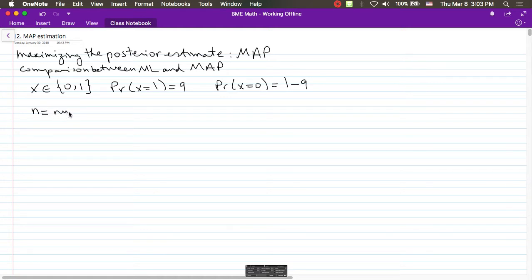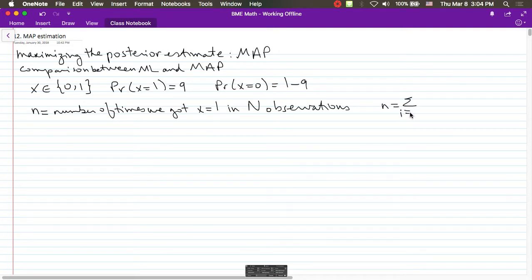So n is the number of times we got x equal to 1 in capital N observations that we made, then n is just the sum of i equals 1 to N of the x's that we observed.